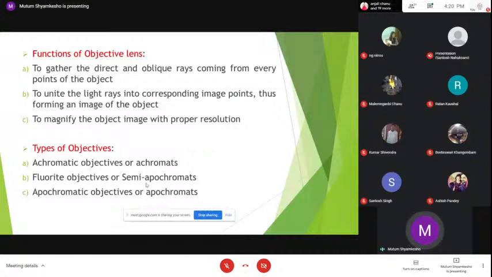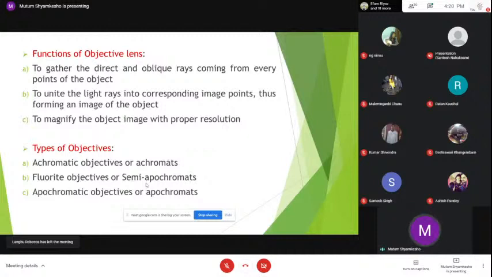The light rays coming from the edge or the periphery of the lens will focus nearer to the lens surface, while those coming from the central area of the lens will focus farther from the lens surface. And this defect in the image formation by a lens is known as spherical aberration.